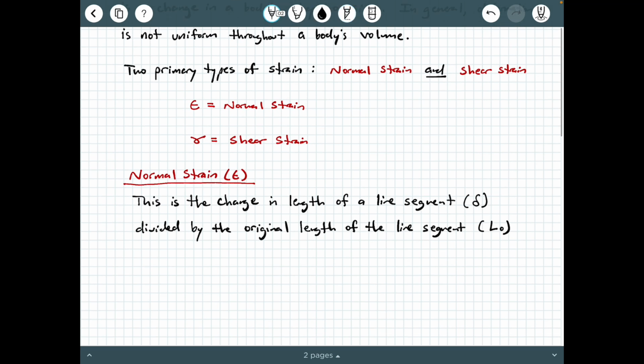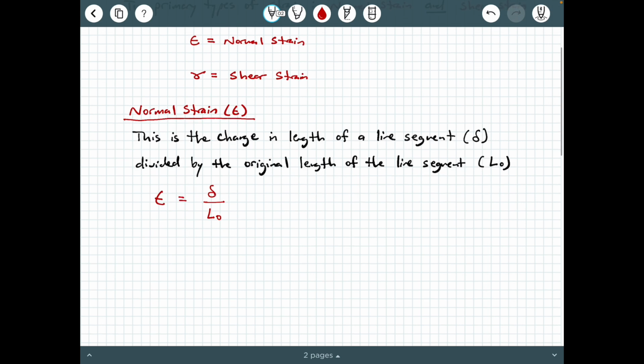So mathematically, what is this going to look like? We're going to say epsilon is delta over L naught. Okay? Now, we said delta, this little Greek letter delta, is the change in length of a line segment. So I'm going to say where delta equals the deformed length of a line segment, which we're going to call L prime, minus L naught, okay?